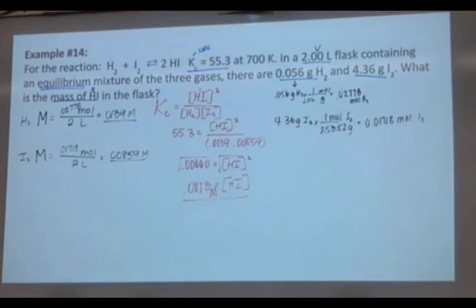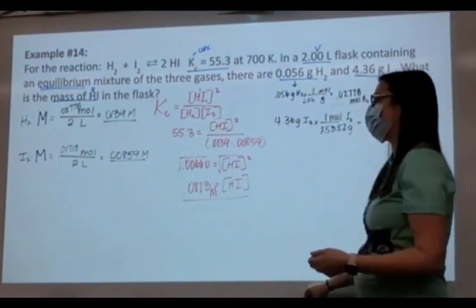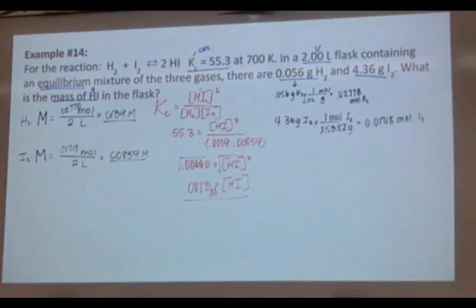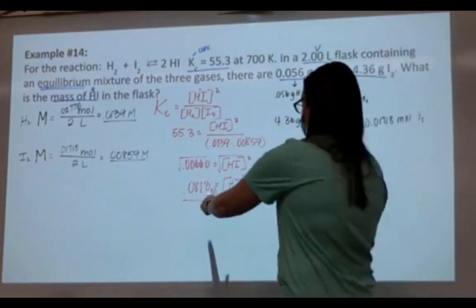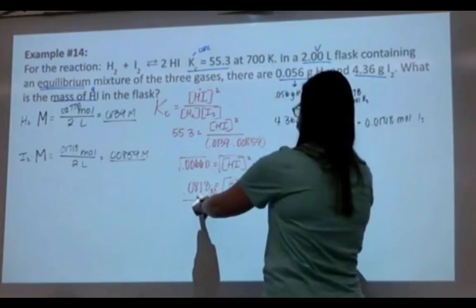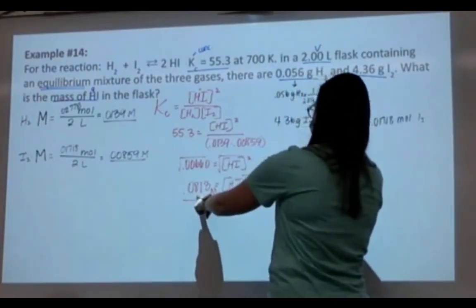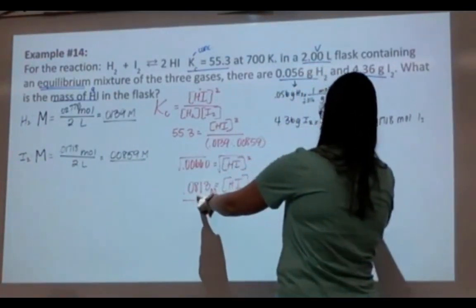Molarity comes out of the Kc expression. What unit does it want for HI? Mass, in grams. So now we have to go backwards. Right, go to grams of HI.